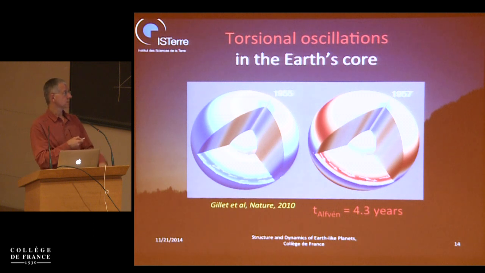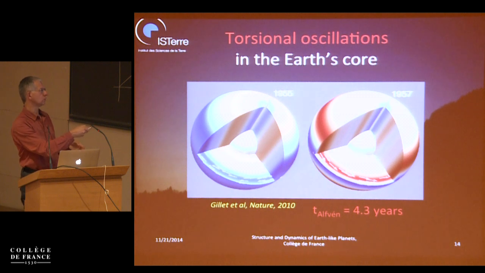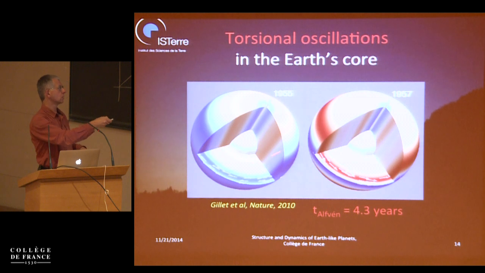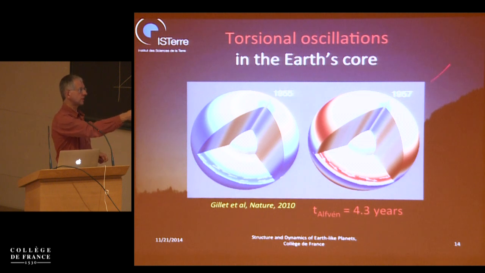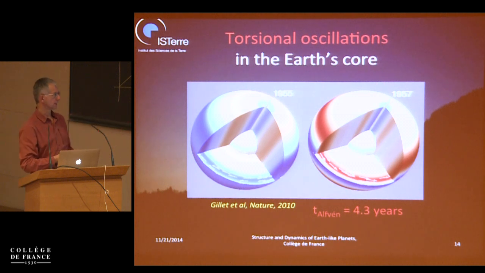These torsional oscillations are Alfvén waves which propagate on field lines, which you can see in the equatorial plane if you want, although it's not the proper image, but which are motions along cylinders aligned with the axis of rotation, which propagate. You see here the propagation from 1955 to 1957, where this cylinder of red color has moved all the way down to the equator of the planet.